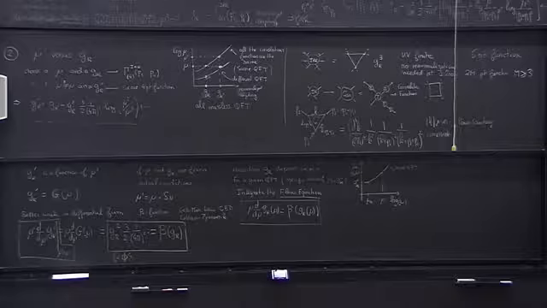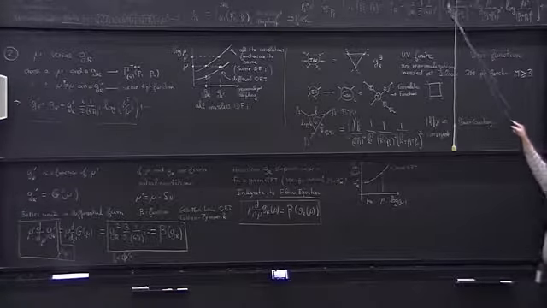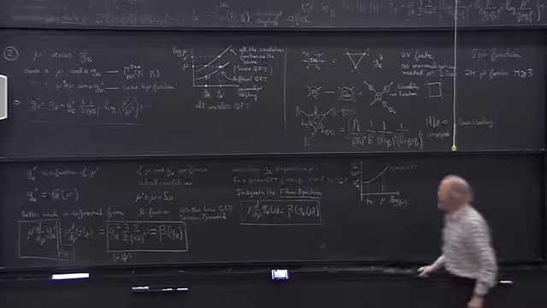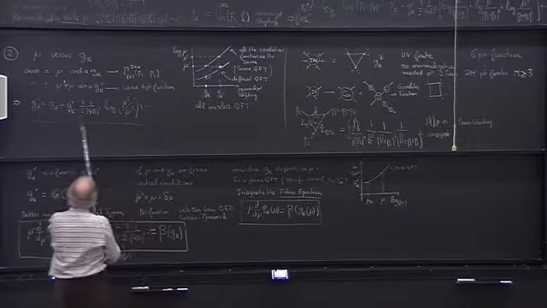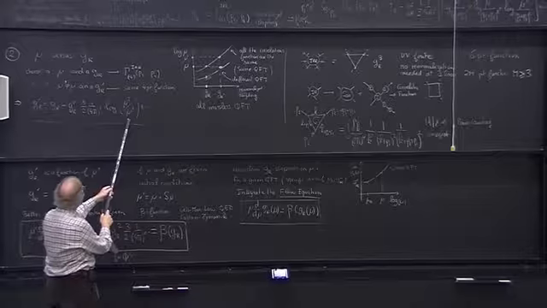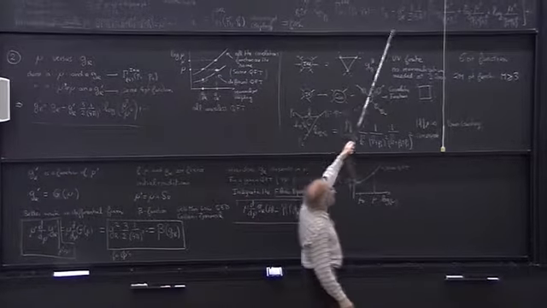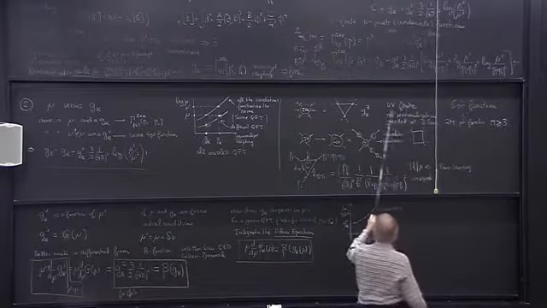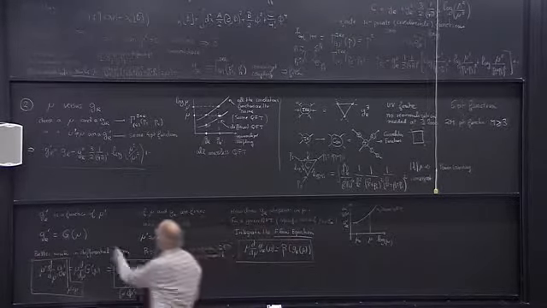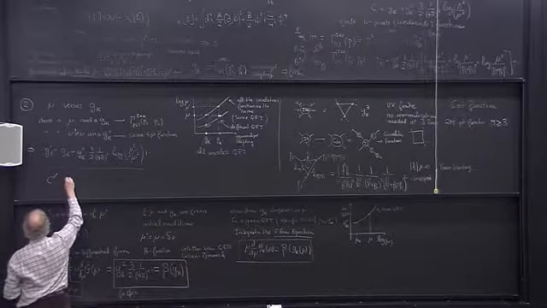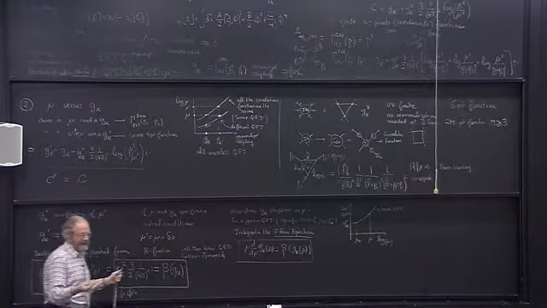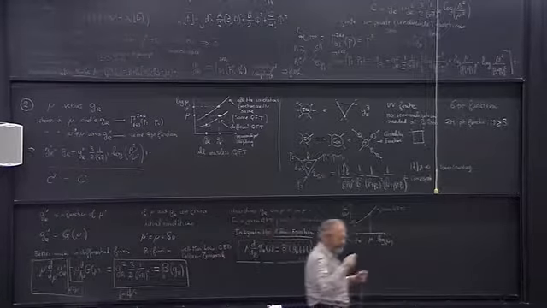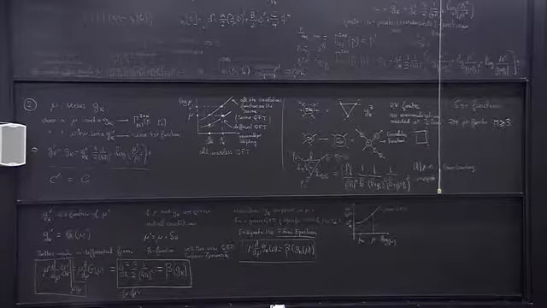It comes from the same original bare action. So A, B, and C do not change. And you can check that. Just take this relation, implement it into C, and you can check that C doesn't change. So in this relation, C prime is C. And if you had changed C, you would have changed the irreducible 4-point function.